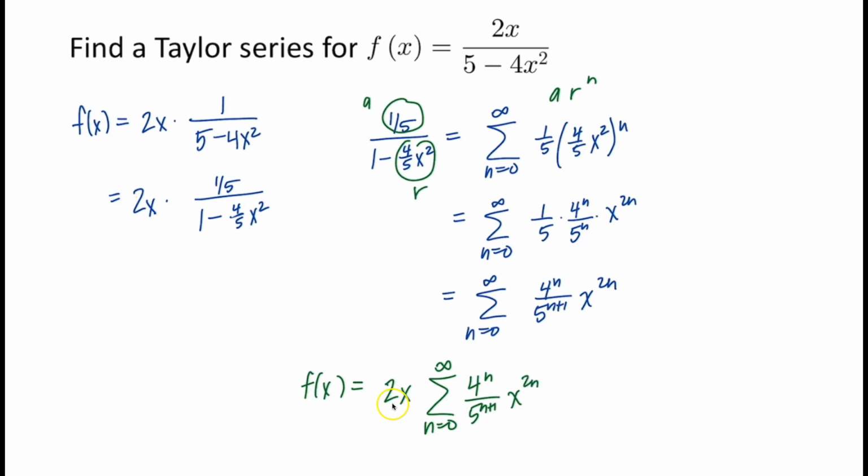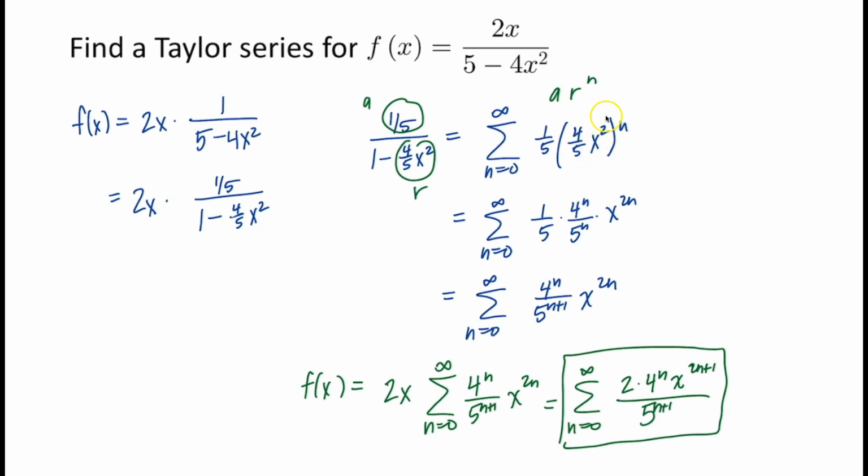If we bring the 2x inside, we're going to have the sum of n equals 0 to infinity of 2 times 4 to the n, x to the 2n plus 1, over 5 to the n plus 1. What did I do there? I put x to the first with x to the 2n, so I add their exponents.